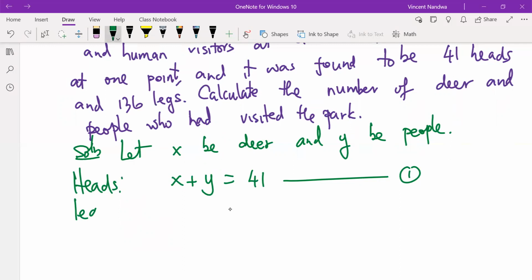So legs would be 4X plus 2Y should give us 136, which on simplification gives us 2X plus Y equals to 136 divided by 2 gives you 68.